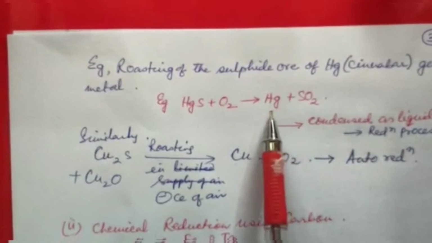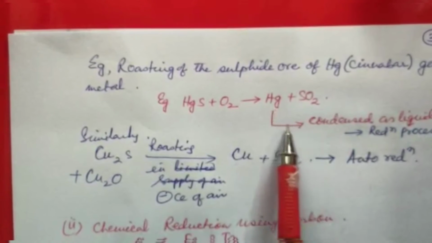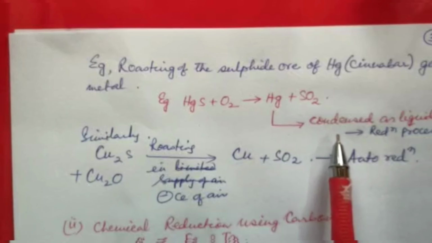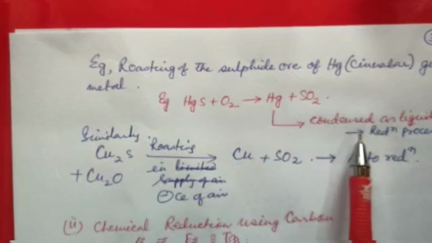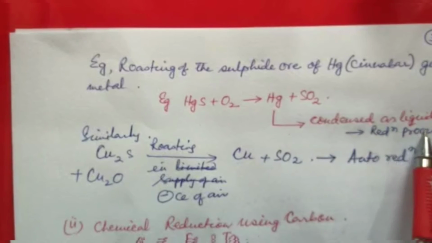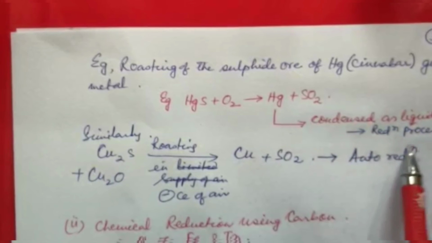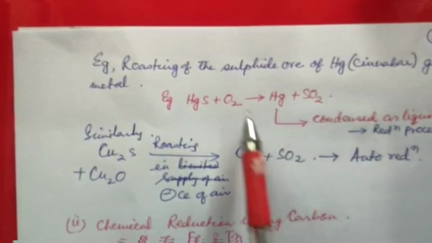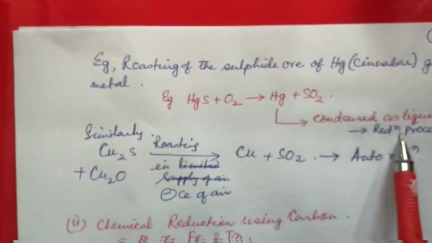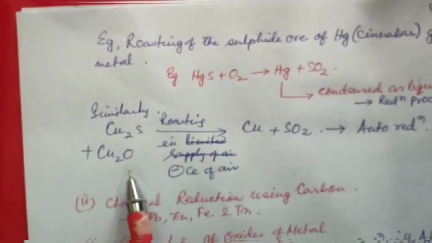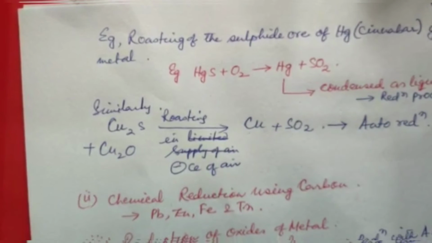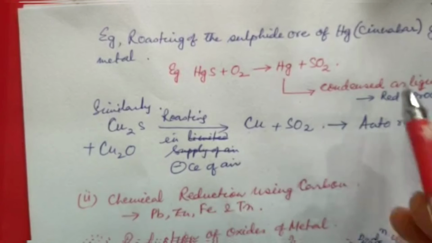The product mercury is obtained condensed as liquid. Similarly, mercury vapors are condensed to the liquid state in the condensing chamber. This process is called the air reduction process.